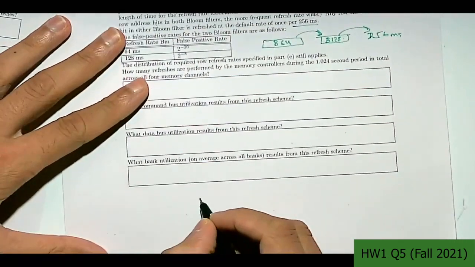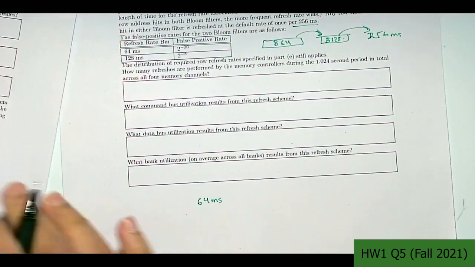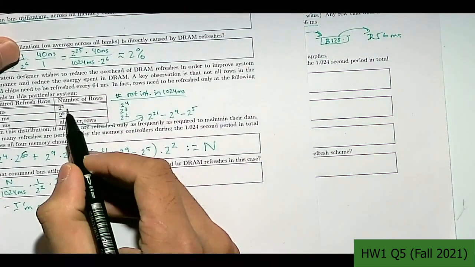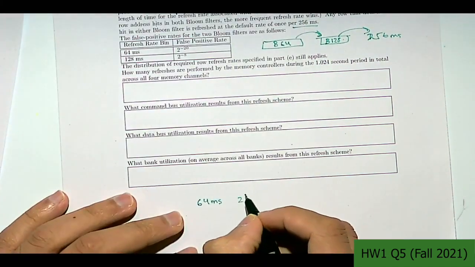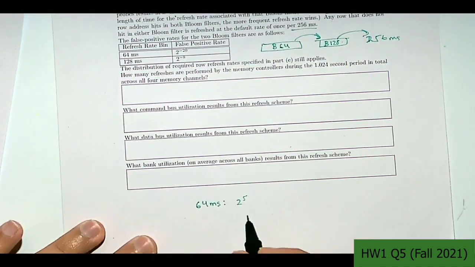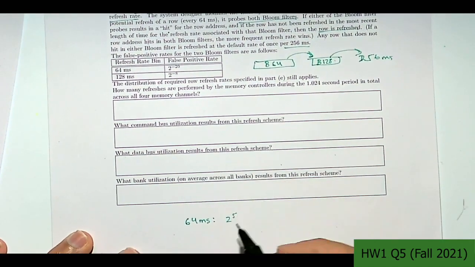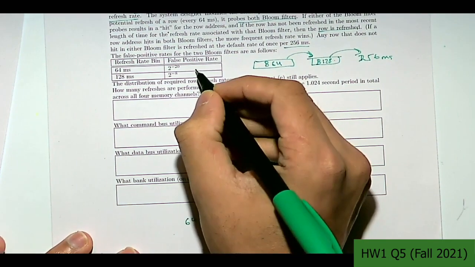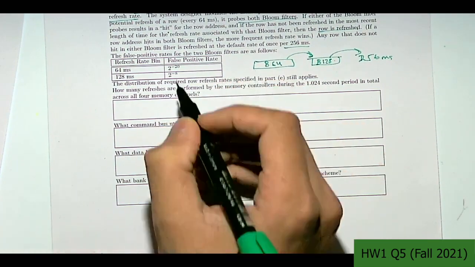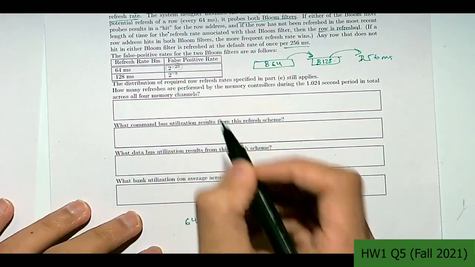So for the 64 millisecond bin, we have 2 to the 5 rows that are guaranteed to hit in the Bloom filter, right? So these 2 to the 5 rows are true positives, essentially. And so we have 2 to the 5 plus the false positives, where the false positives are described by this 2 to the minus 20 quantity, right?